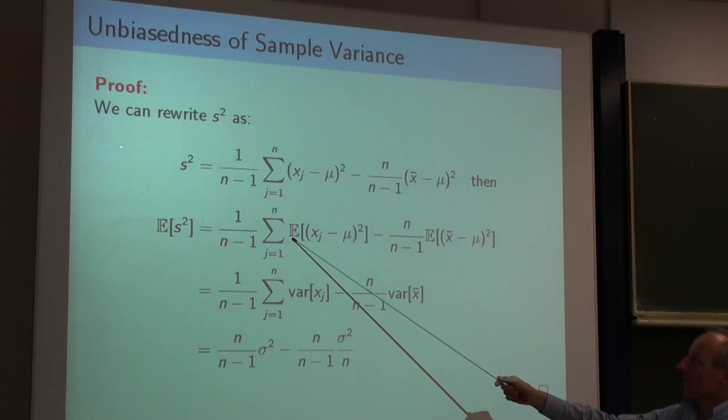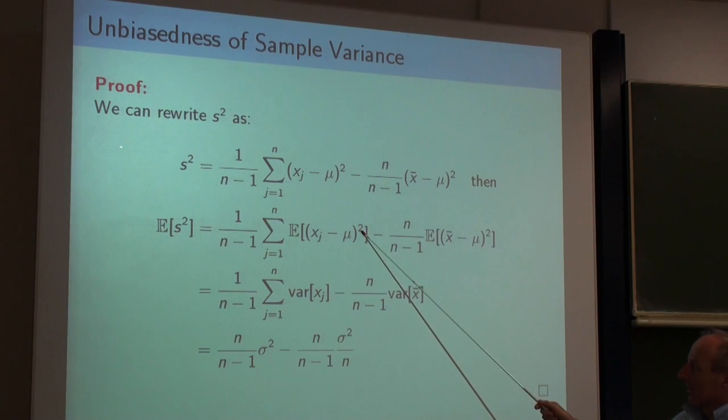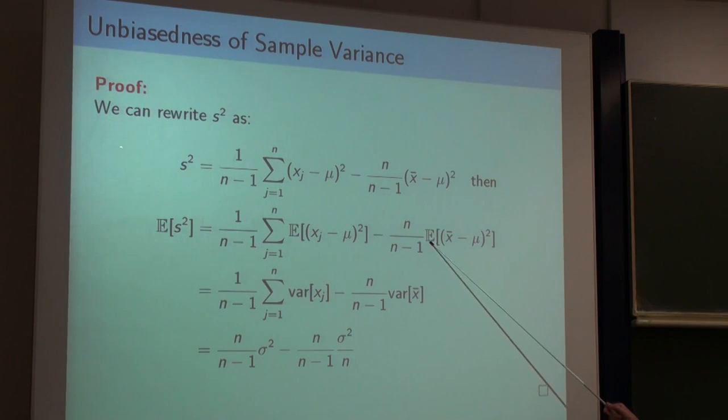The expected value of xj minus mu squared is nothing but the variance of xj. And here we have the expected value of this other variable, x bar minus mu, which is nothing but the variance of x bar. So this is the variance of the sample mean.